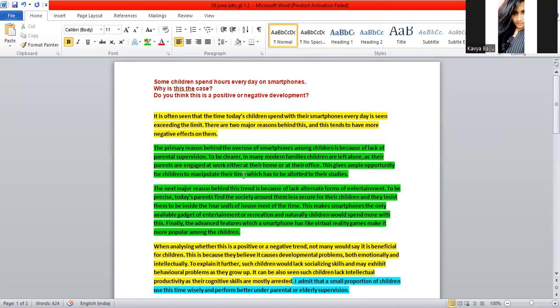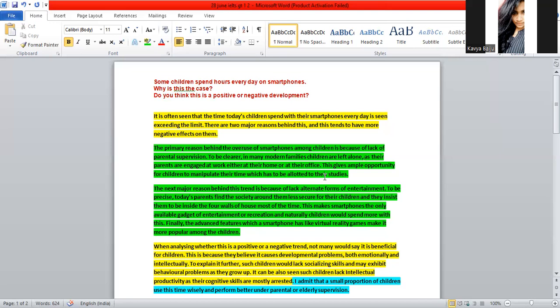So you won't be able to take care of your children who are playing with the smartphones. This gives ample opportunity for children to manipulate their time, which has to be allotted to their studies. If you are not attending to them, children need time to do their homework assignments, projects, and all.